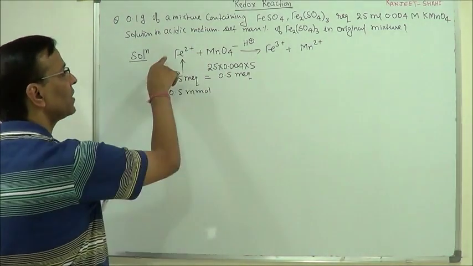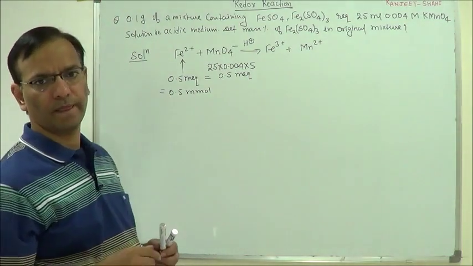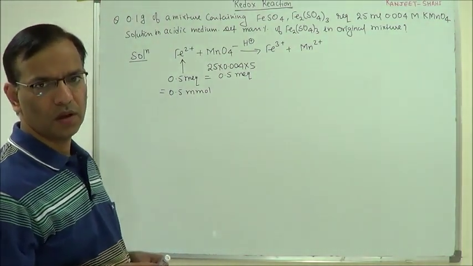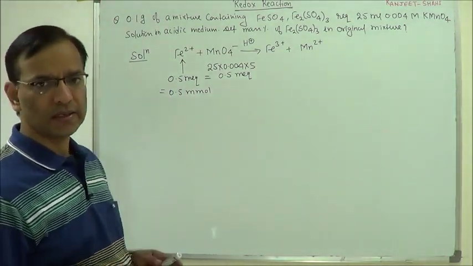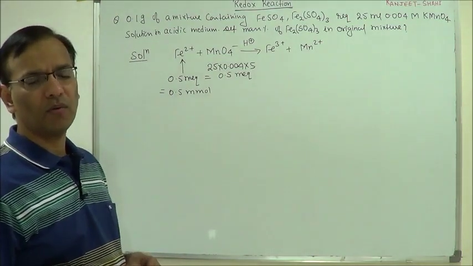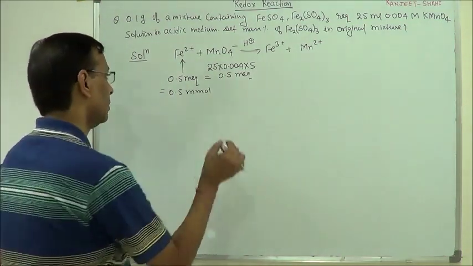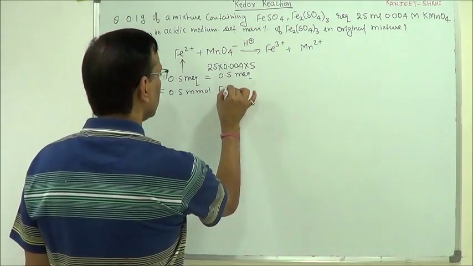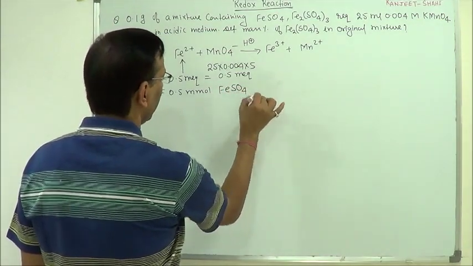And the source of ferrous ion is ferrous sulfate. So millimole of ferrous ion will also be millimole of ferrous sulfate. So this is also the millimole of ferrous sulfate.